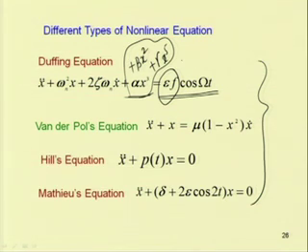In case of strong nonlinearity we have f cos omega t, where this f is of the same order as that of omega n square, and in case of weak nonlinearity we have epsilon f. That means this epsilon f will be at least one order less than that of omega n square.